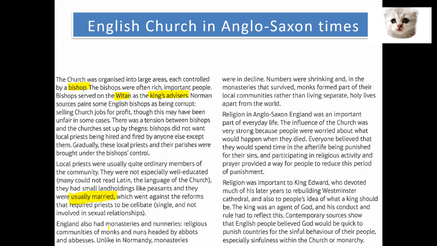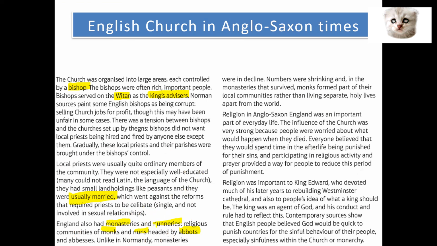England also had monasteries and nunneries, communities of monks and nuns, led by abbots and abbesses. A monastery has monks in it, and it's run by an abbot. Sometimes it might be called an abbey.